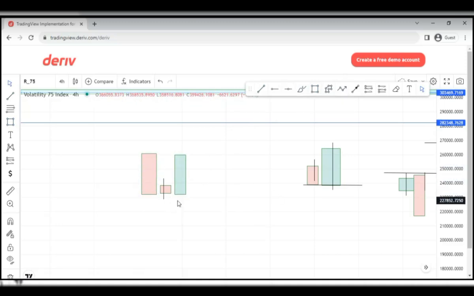When you see candles like this, you call it a morning star. This is a bullish pattern. It consists of a long bearish candle, plus a small bullish or bearish candle, just very small, plus a bullish candle. Note that the third candle has to close above the middle candle.